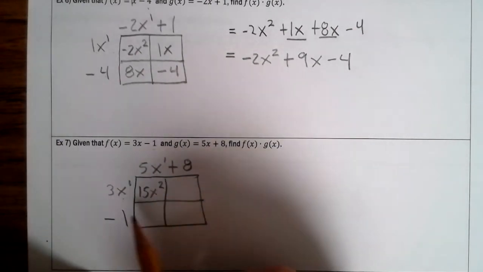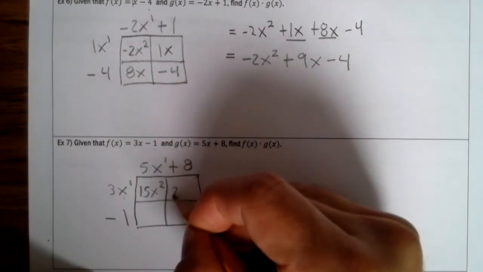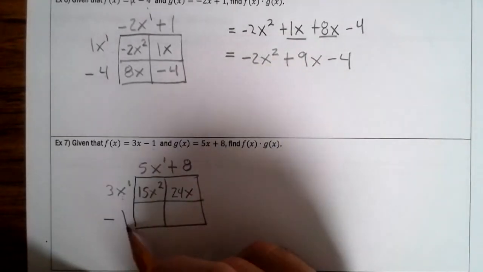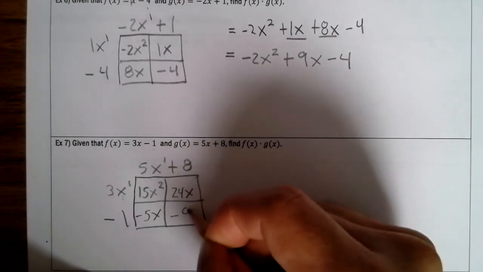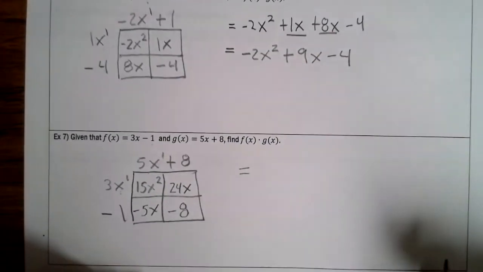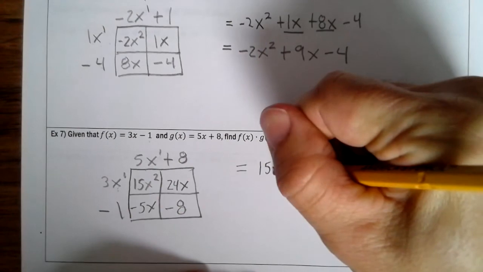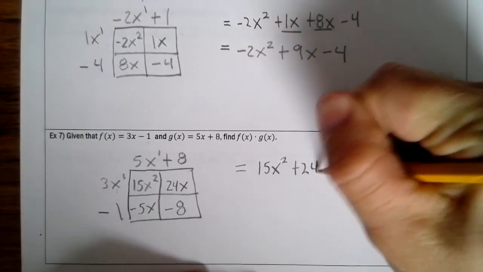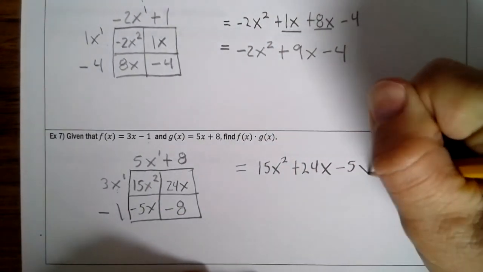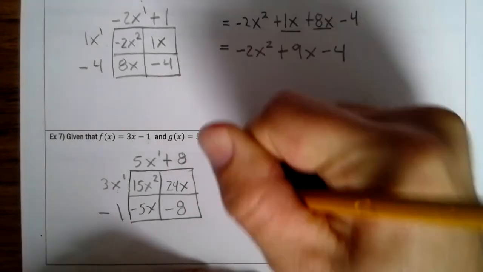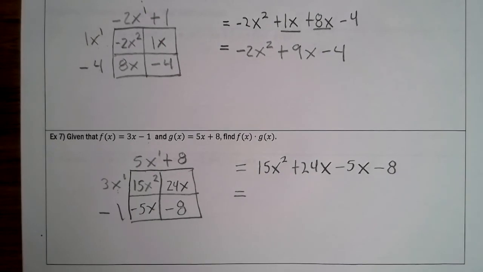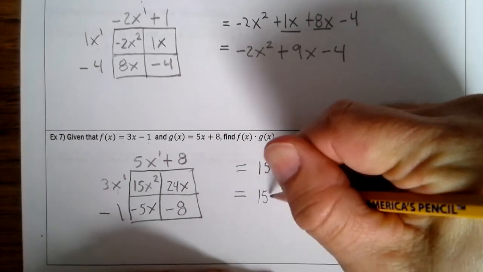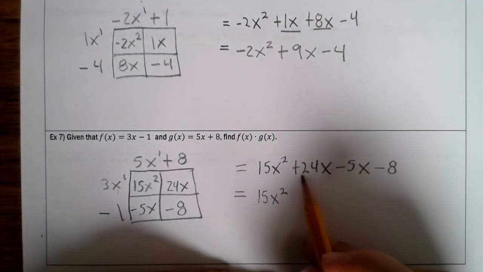Negative 1 times 5 is negative 5x. And then negative 1 times 8 is negative 8. So we have 15x squared plus 24x minus 5x minus 8. So that's 15x squared, combined, this 24x minus 5x is plus 19x minus 8.